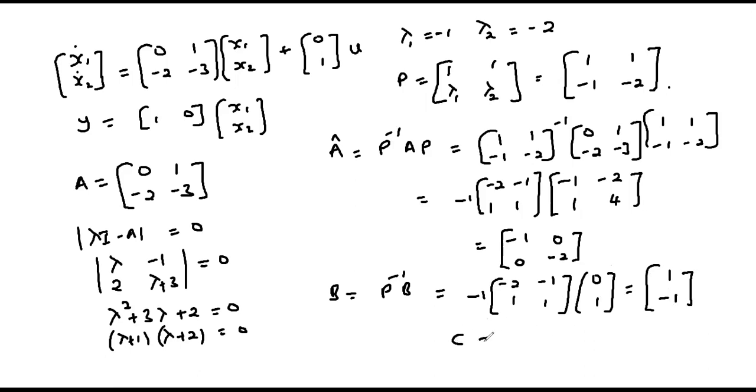The matrix C hat will be CP, where the matrix C is 1, 0, multiplied by the matrix P, which is 1, negative 1, 1, minus 2. This will give us 1, 1. That is our matrix C.